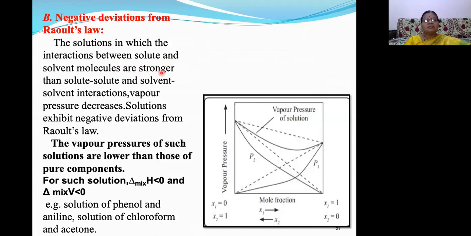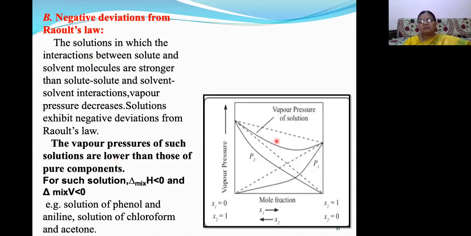So under this condition, the vapor pressure of the resulting solution decreases, because as these interactions are strong, solute and solvent interactions are strong, they have very little escaping tendency, and therefore the actual vapor pressure of the solution decreases, and such solutions have lower vapor pressure than that of pure components.